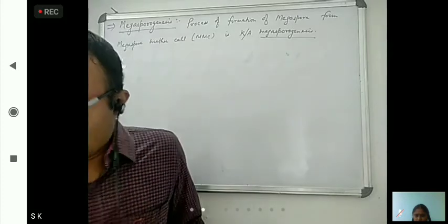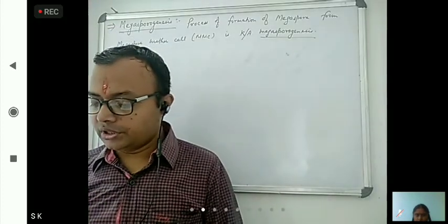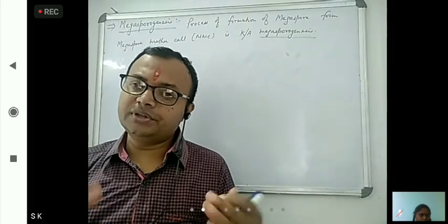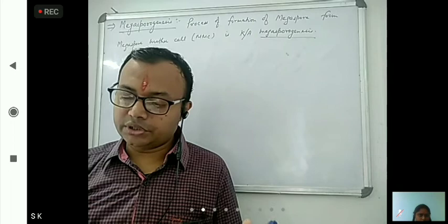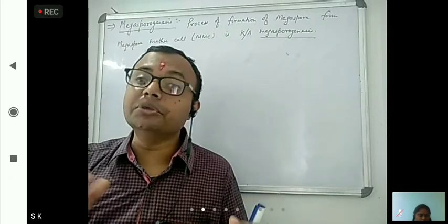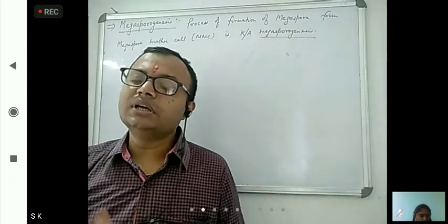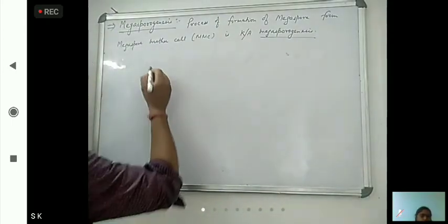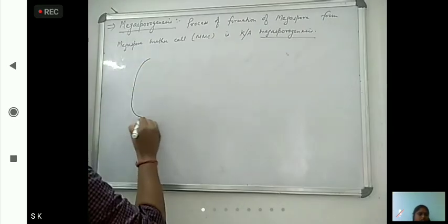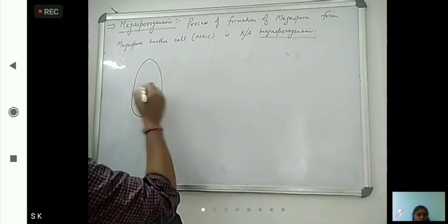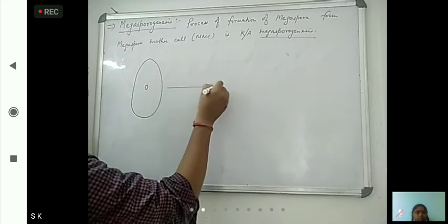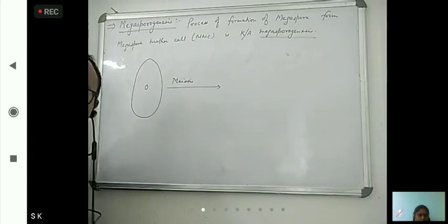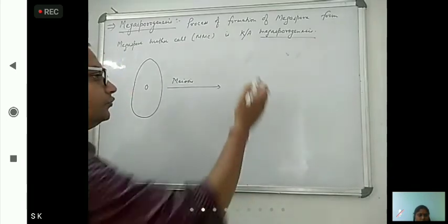Now this megaspore is developed with the help of meiotic division. Previously I said mitotic, sorry, it is developed by meiotic division. Okay, so what happens, one cell, if meiosis occurs, how many daughter cells are formed? 4.